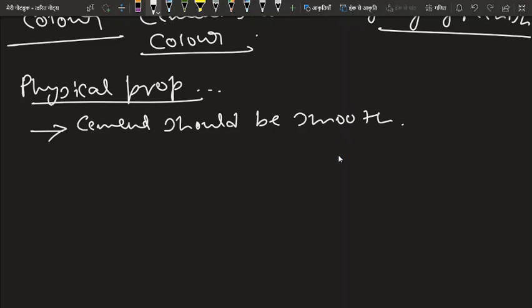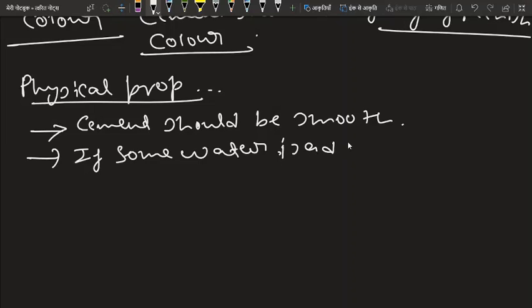And if some water is added to cement, it should be sticky.